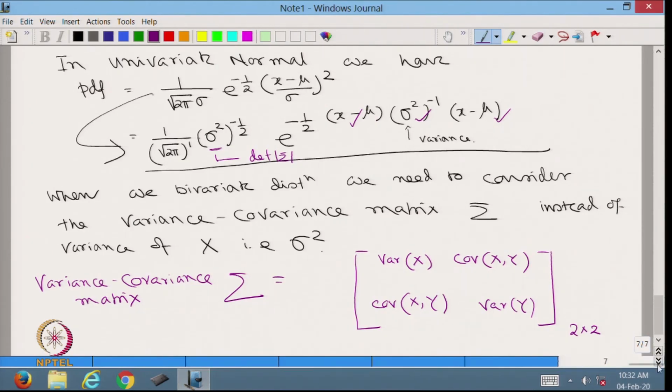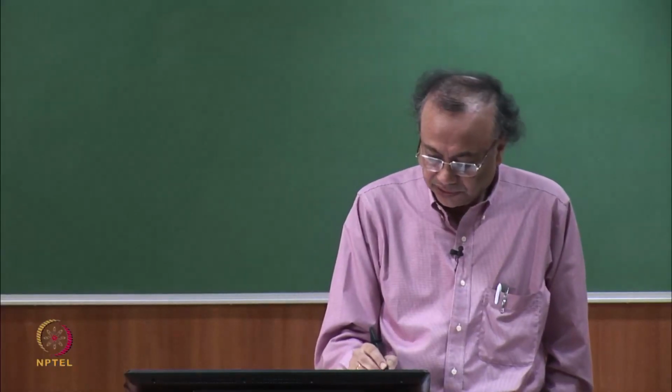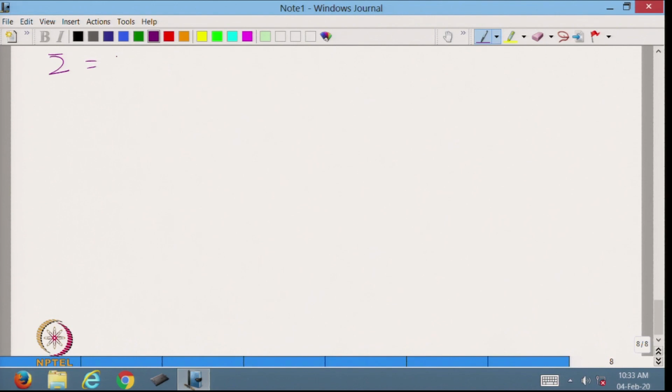With this understanding, now let us look at what is sigma. Sigma is equal to sigma 1 square, rho sigma 1 sigma 2, rho sigma 1 sigma 2, sigma 2 square, that we know.